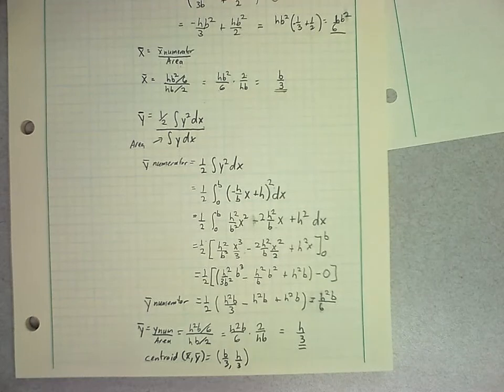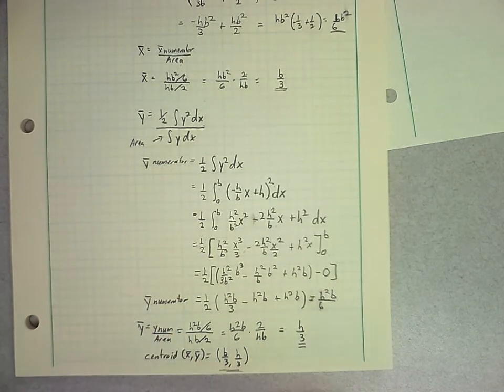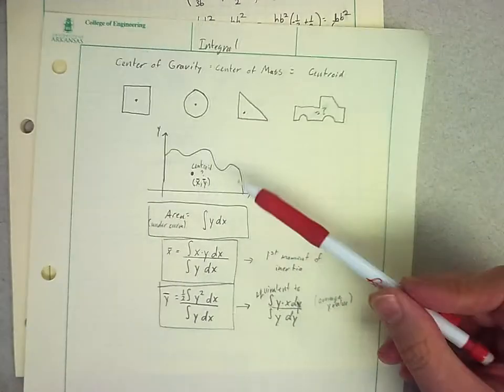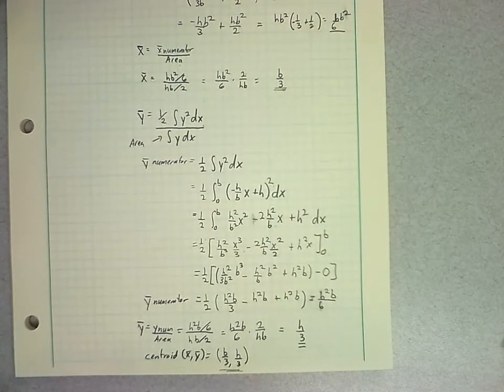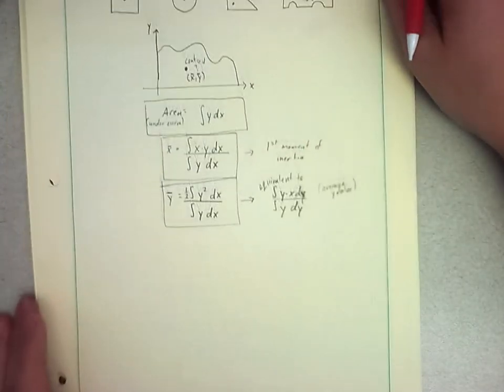It turns out the centroid of our triangle is 1/3 the way across the base and 1/3 the way up the height. Again, we could do this for much more complex formulas. As long as we had the formula, we could do it for complex things like this. But we've shown that this will work on something we're familiar with. And these are the key equations that we need to know.